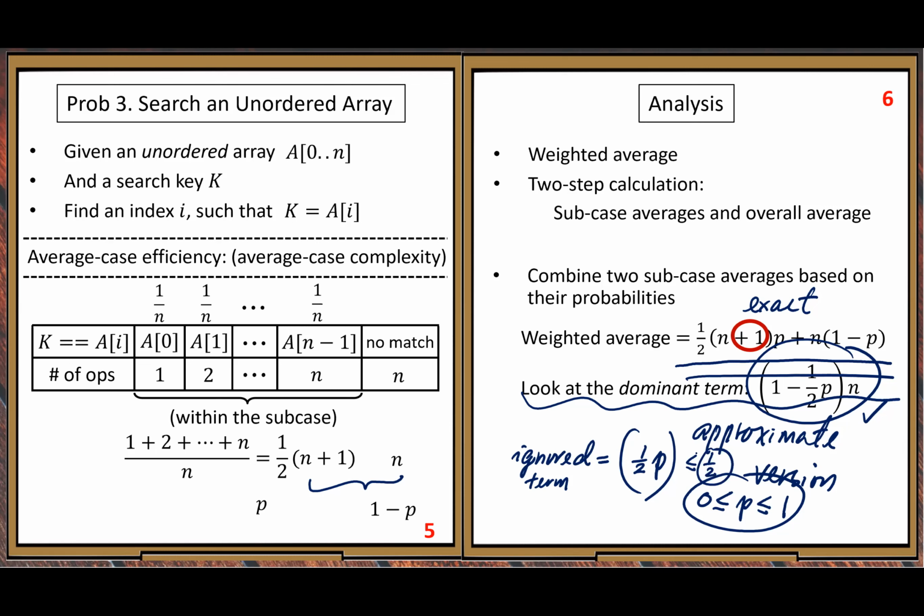So if we ignore this term, we only get a possible error less than or equal to 1/2. That's not much. This small difference, we can take it. Most of the time, this small difference is not significant. But we keep this dominant term. This dominant term we will elaborate on in our module 2.